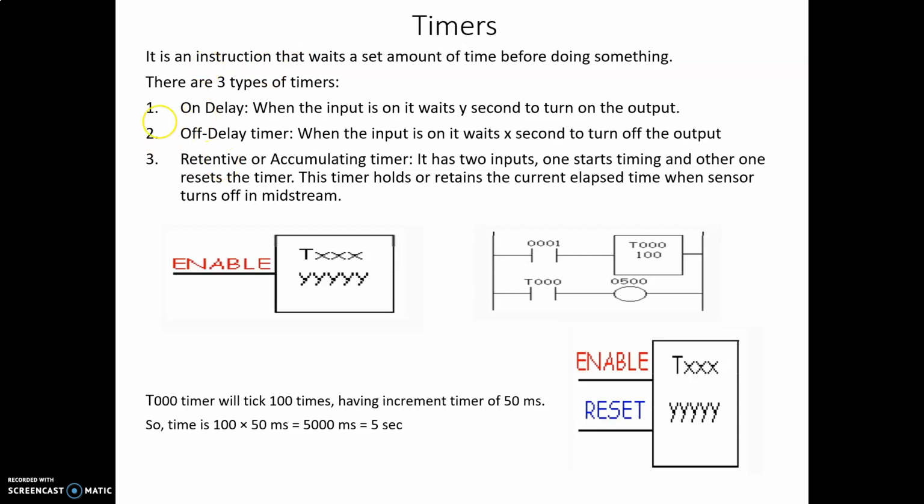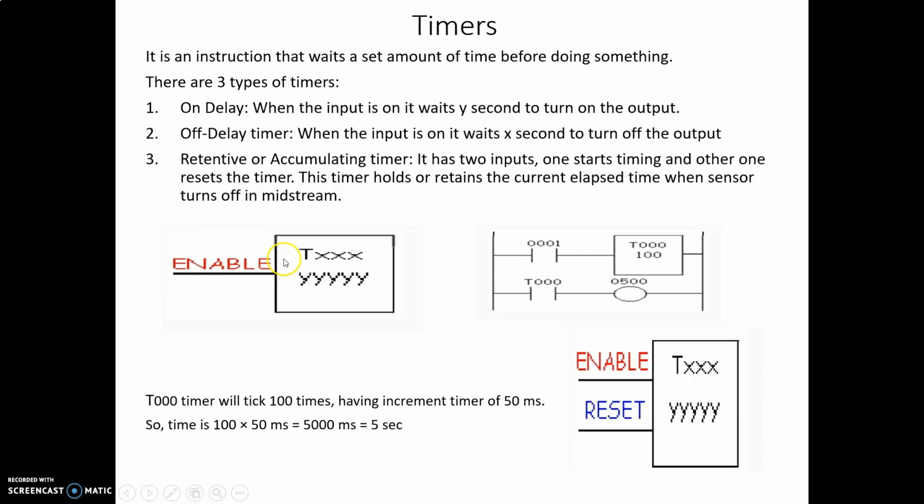The third type is called a retentive or accumulating timer. In this type of timer, we have two inputs. One input starts the timing and the other one resets the timing. If you look at the example here, we have a description of the timer.